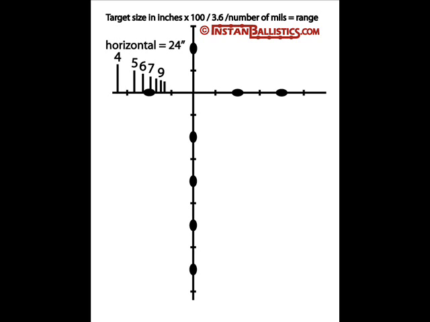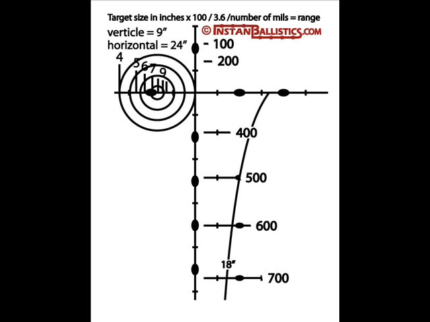Once again, we're using the lines off to the left side of your reticle, but this time we're using the horizontal element of that chart to determine the distance of a 24-inch target. We drop our 24-inch target onto those lines on the left side, and you can see that it subtends exactly at the 400 yard mark. So this target is 400 yards away.